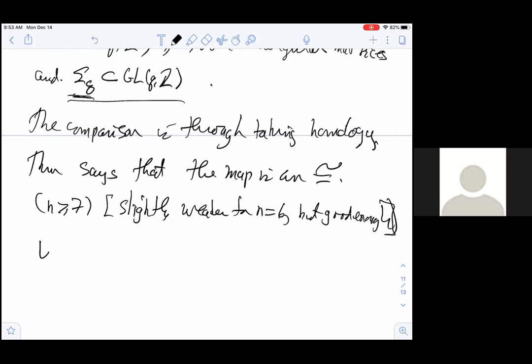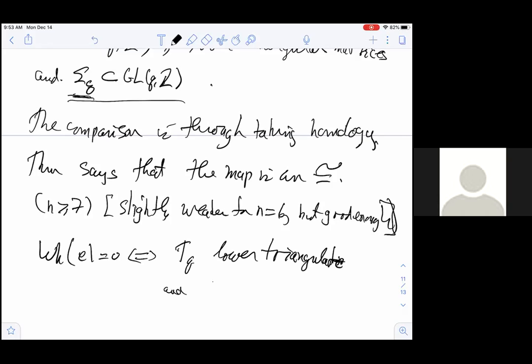Remember that the Whitehead group equals 0 is simply the statement that the lower triangular matrices, let's call them TQ, with plus minus 1s down the diagonal, and the symmetric group, sigma Q, generate GLQZ. So it's a statement about the lower triangular matrices and the symmetric group that they generate.